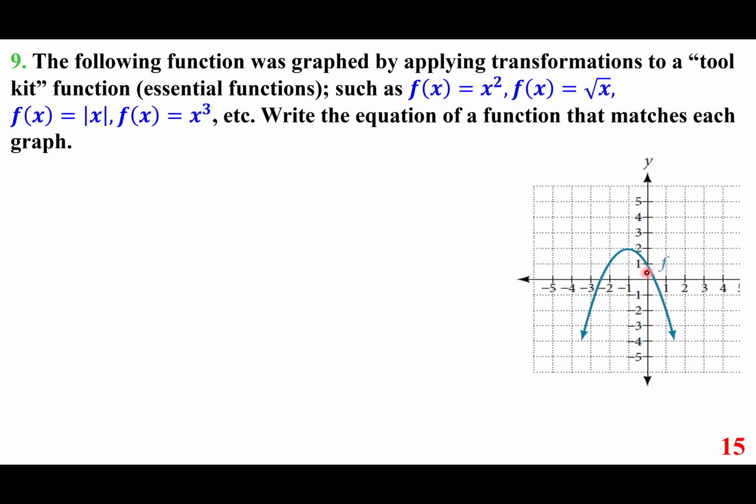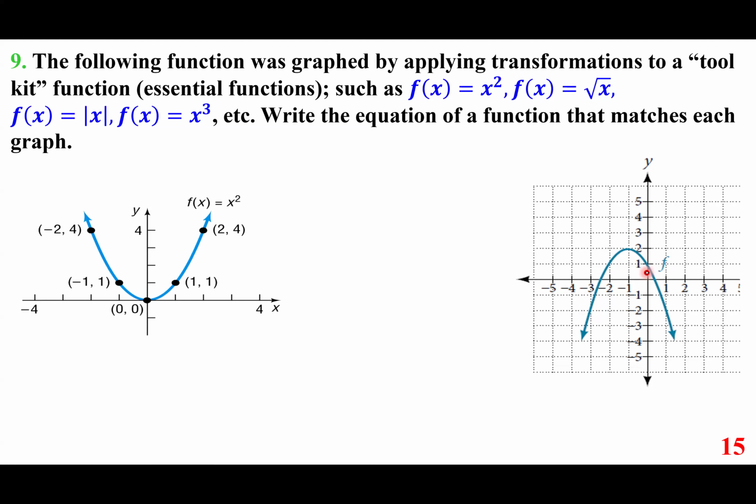We clearly recognize this as a parabola that opens down. So the regular one is f of x, or y, equals x squared. It opens up with the vertex at 0, 0. And I hope you remember the general format. First and foremost, the vertex, which was at 0, 0, has shifted to this point with coordinates -1, 2.